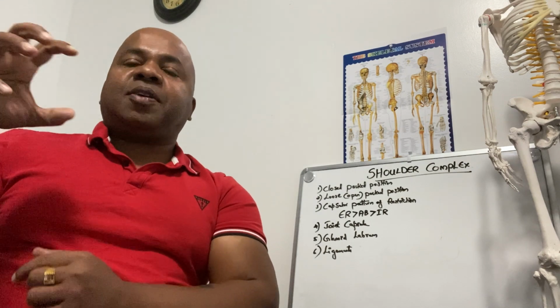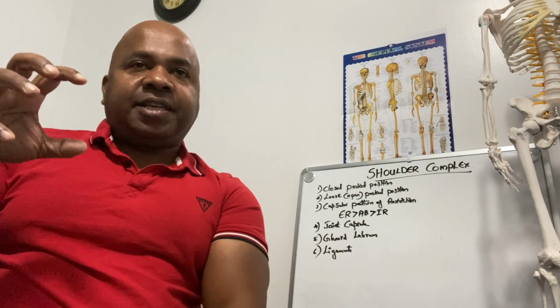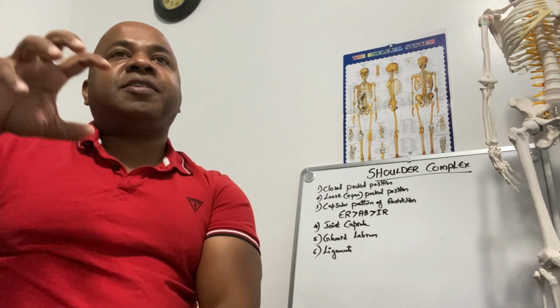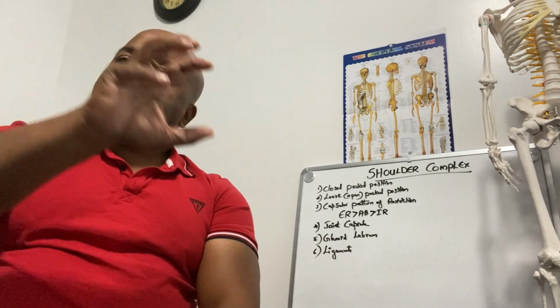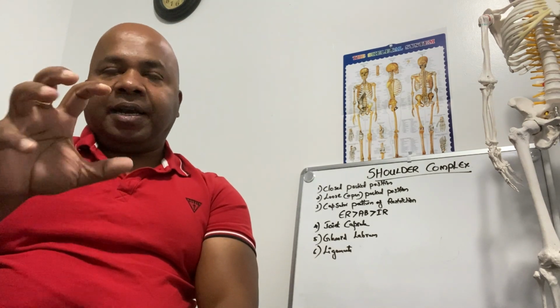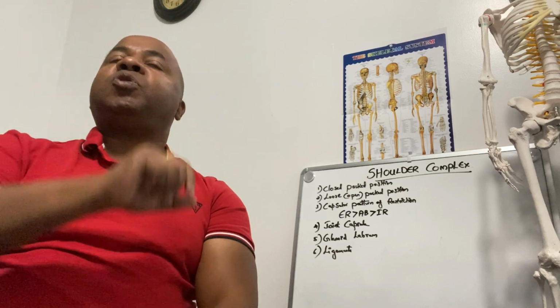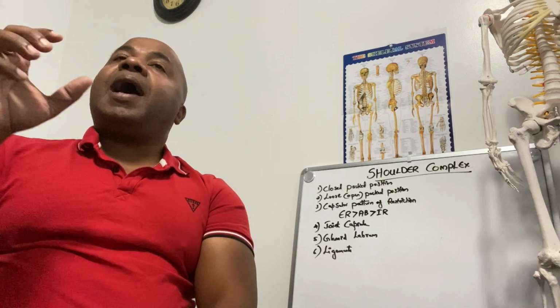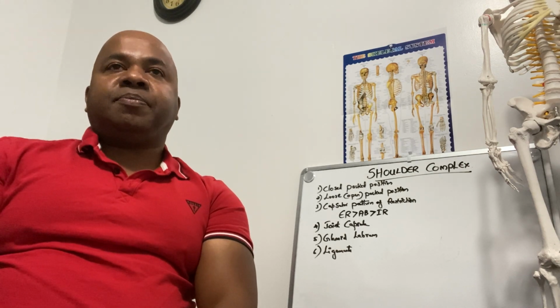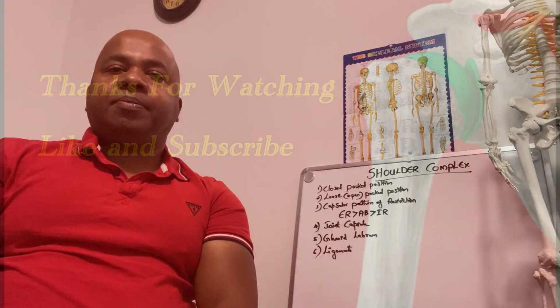So these are some of the basic anatomy as well as the biomechanics about the shoulder ligaments, joint capsule, and the glenoid labrum. Thank you.